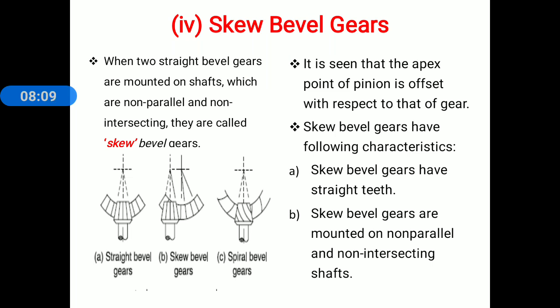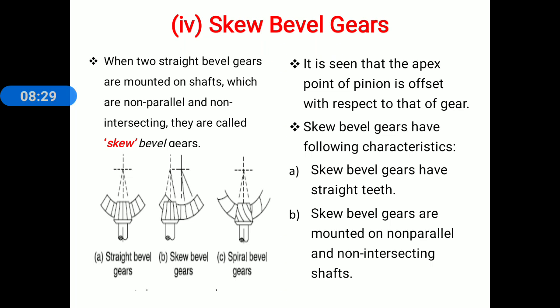skew bevel gears. Again, everyone observe the sketch shown on the screen. There are three sketches, A, B and C. A, straight bevel gears, B, skew bevel gears and C, spiral bevel gears. Okay, now see the definition.